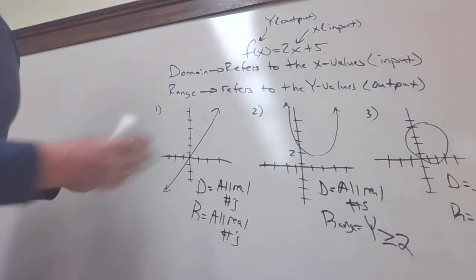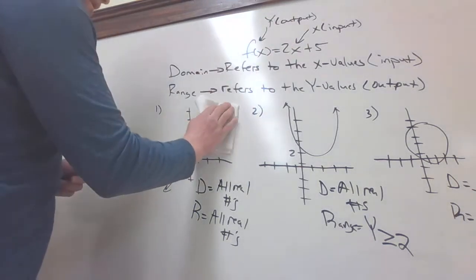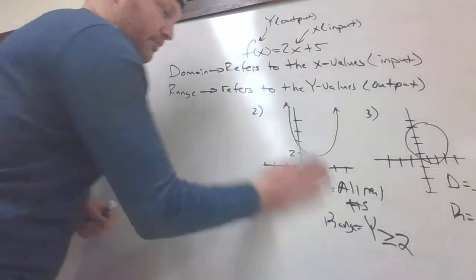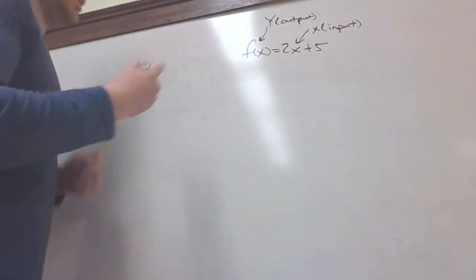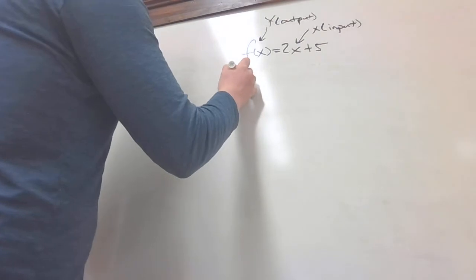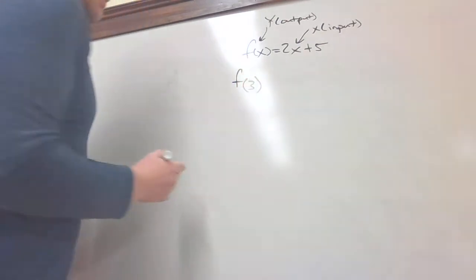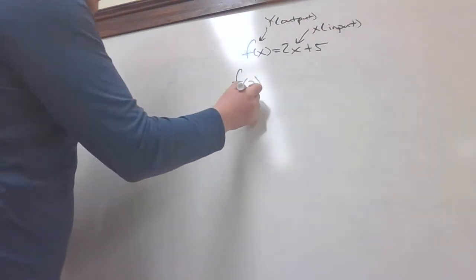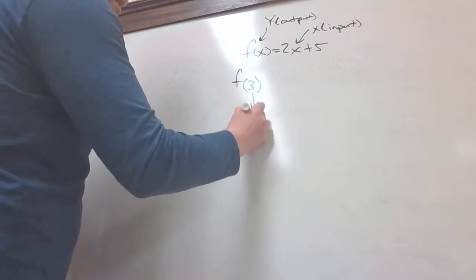Now going on, let's say I use this function right here. Let's say I ask you a question where I want to know what f of 3 is. This right here is the input.